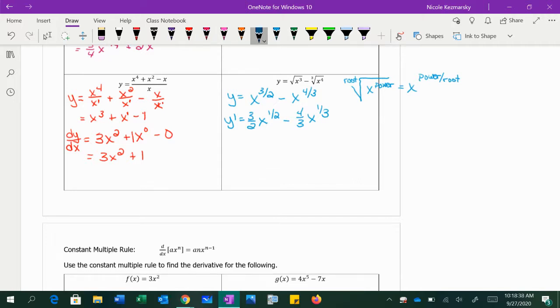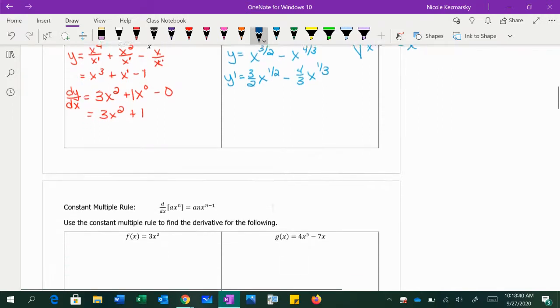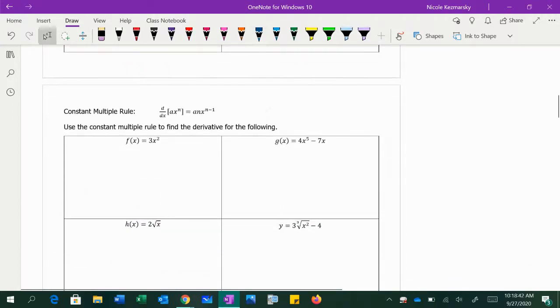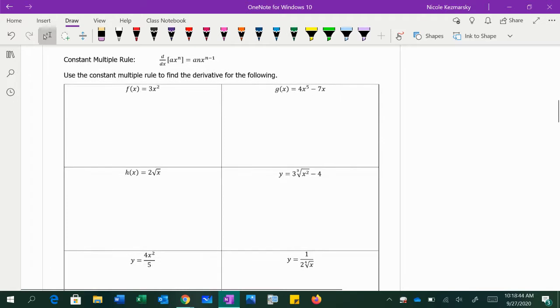We can do all of these rules if we also have a coefficient in front. And this is what's called the constant multiple rule. So the constant multiple rule is the same as what we've been doing. We have an x to the n, and we have the nx to the n minus 1. We just have a constant in front.